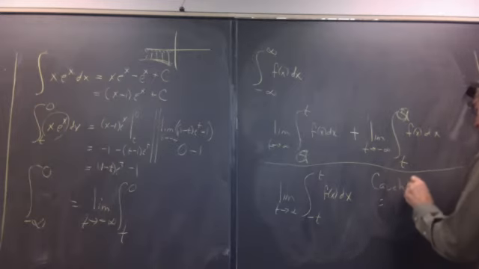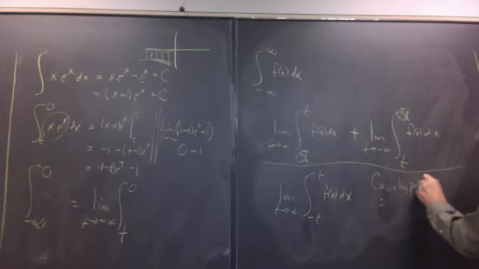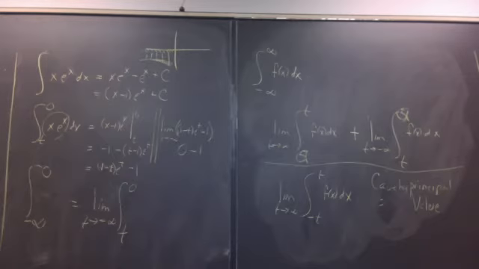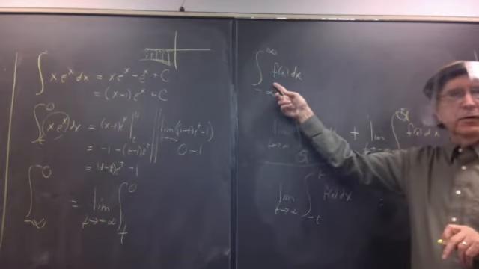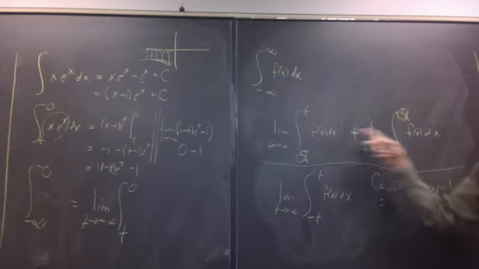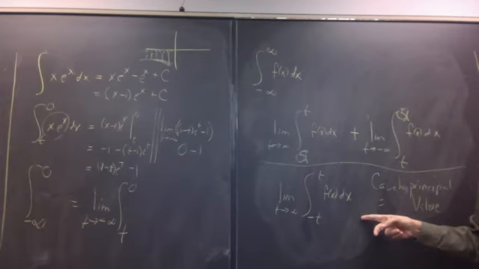but this has a name. This is called the Cauchy principal value. So in other words, it comes up enough that it has a name and it has a use, but not for us in this chapter. So if you're given a problem like this, you do it like this, not like this.